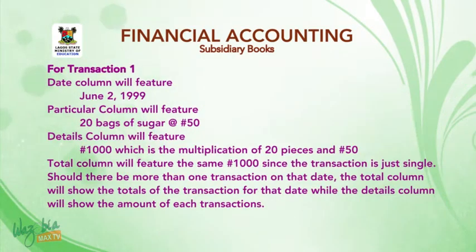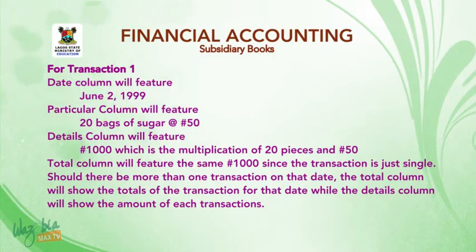For transaction 1, date column will feature June 2, 1999. Particular column will feature 20 bags of sugar at 50 naira. Details column will feature 1000 naira, which is the multiplication of 20 pieces and 50 naira.